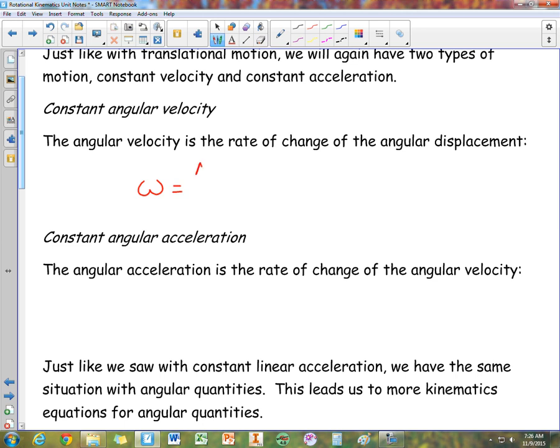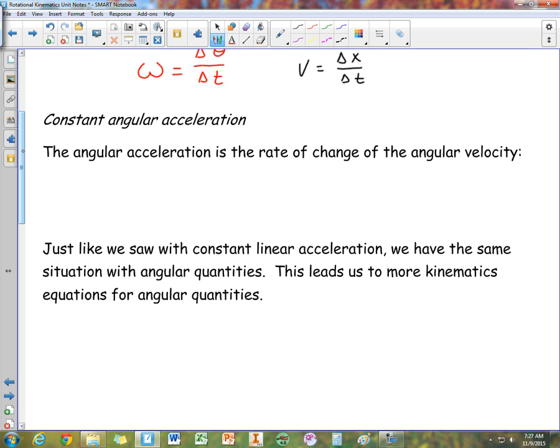And this equals the angular displacement over time. You may notice that this is very similar to the translational formula for velocity. So all of the same rules apply. The mathematics is identical. And that is really, really cool if you think about it.